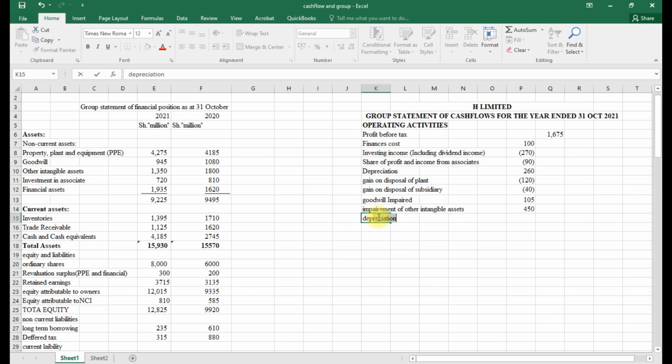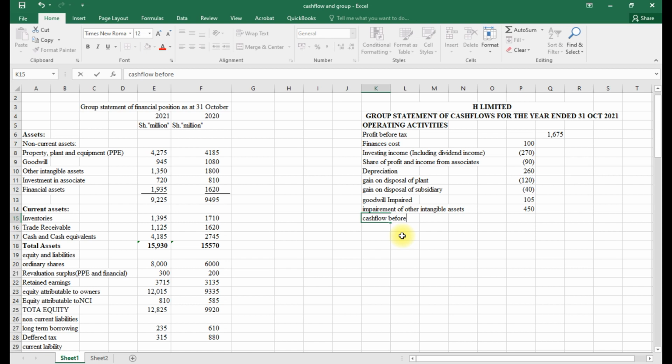The other one, you calculate depreciation, and depreciation we already had. I think we can get our cash flow before working capital.